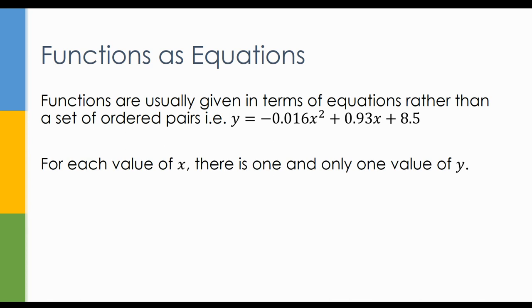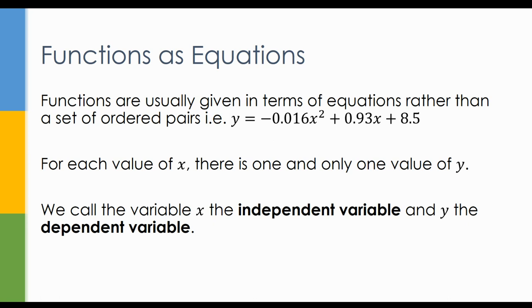Once again, for each value of x, there is one and only one value of y. This time it might be a little bit harder to see right off the bat, because with ordered pairs, remember each x has to go to a different y. Here, if we have an equation, we're not going to be creating every single ordered pair that's in that equation. So we're going to have to see how we're going to go about this.